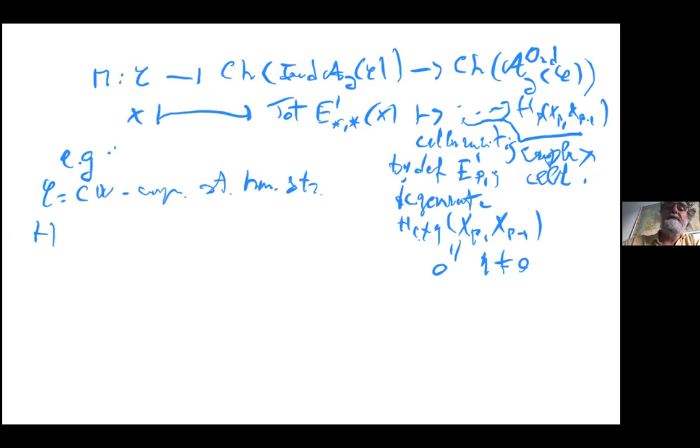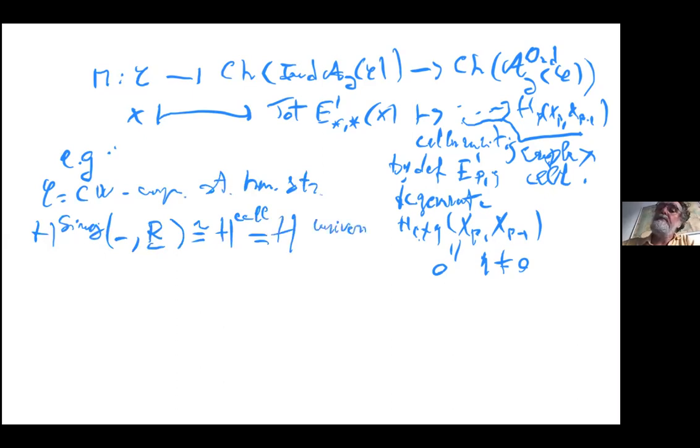So in this case, the universal singular homology is cellular. I mean, this H cell is the homology of this complex, which is the same as H singular with coefficients in the universal ring. And this is also the universal ordinary homology.